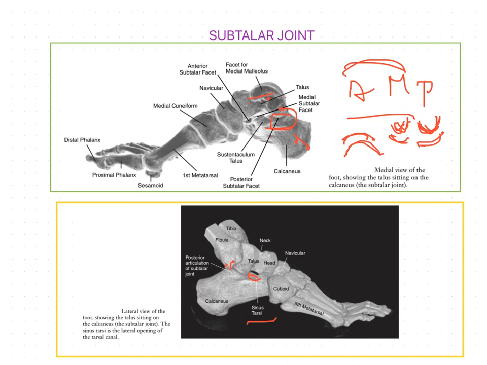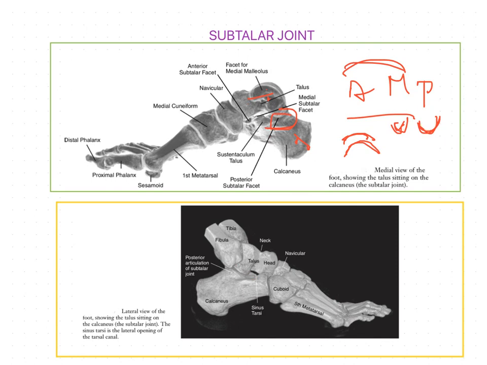The small end lies below the tibial malleolus. So this is the medial side and this is the lateral side. The sinus tarsi, the large opening of the tarsal canal, is found on the lateral side, whereas on the medial side we find the smaller opening of the tarsal canal, which lies below the medial malleolus of the tibia.